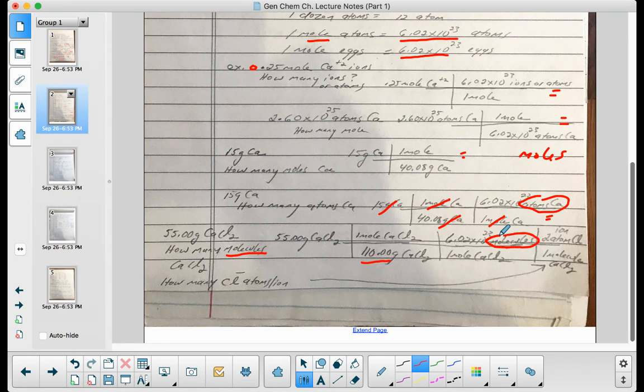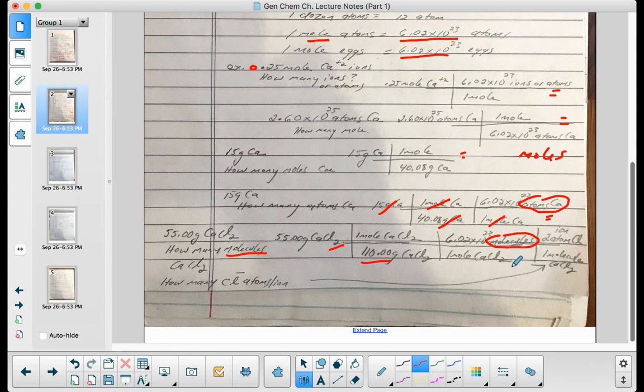But if I wanted to go further, I would just continue my picket fence for my dimensional analysis, and I could find out how many atoms or chloride ions there are, because what I know in my formula is that there are 2 moles of chloride for every 1 whole molecule of calcium chloride.